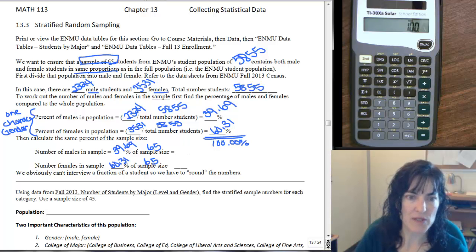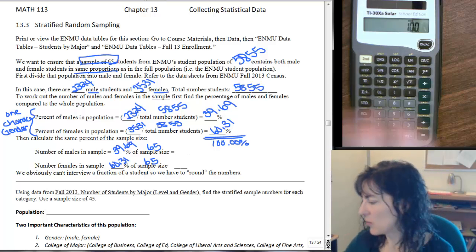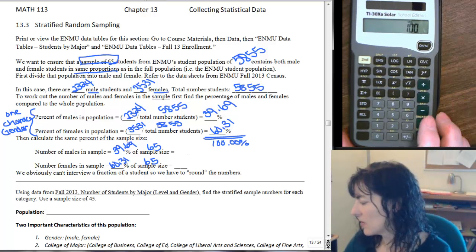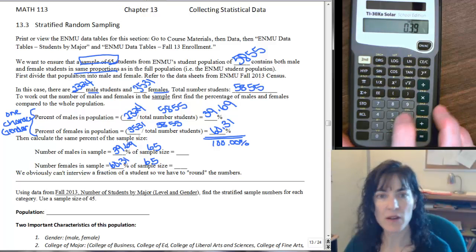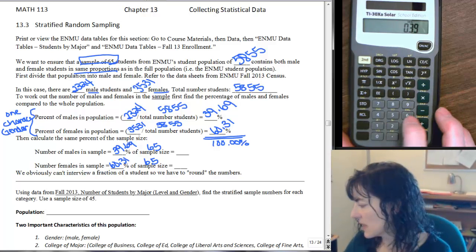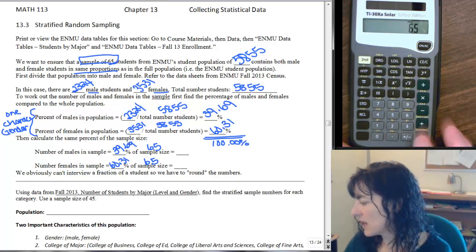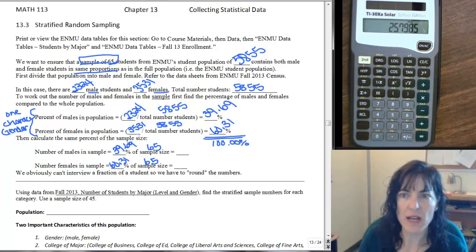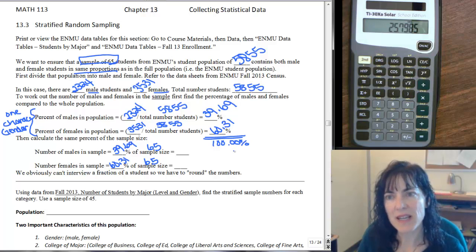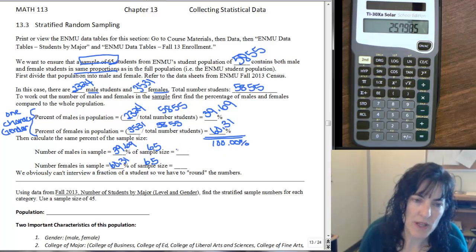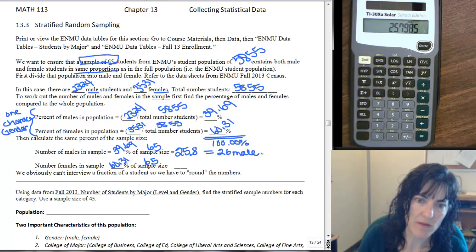So I take 0.3969, changed back to a decimal, times 65, and I get 25.7985, so 25.8, and we're going to change that to 26 males.